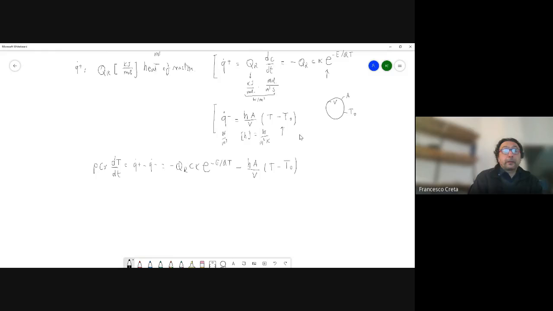And what about C? Well, we also have to write down the equation for C, which is minus CK e to the minus E over RT, okay? And that's our system. Now, for sure, what I could do is plug it in a numerical solver, okay?